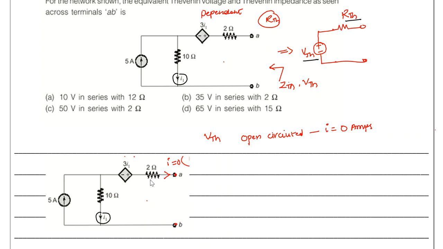Current being 0 means the voltage drop across this element, VD, is 0 volts, because V is equal to I into R, which is 0. And here we have 3I1, where the current flowing here is I1. That means it's a current controlled voltage source. Is it a voltage source or a current source? It is a voltage source here.